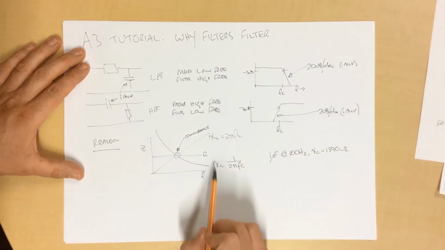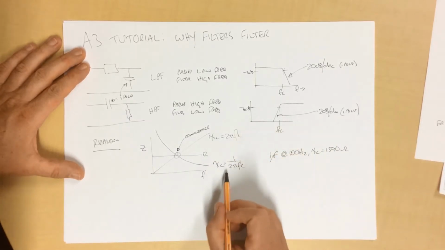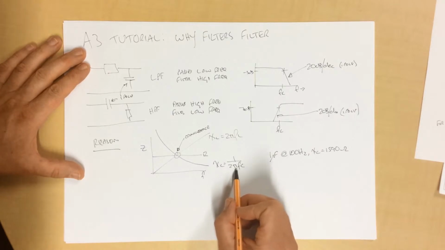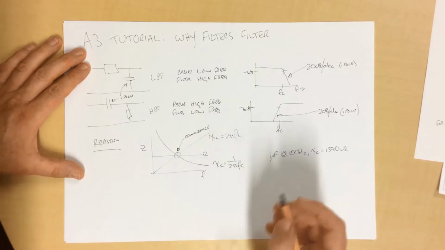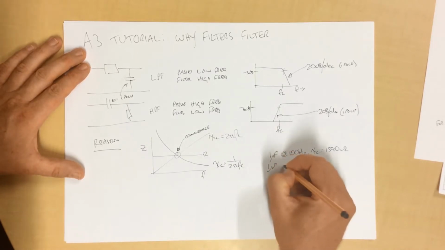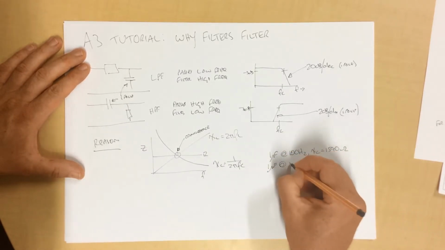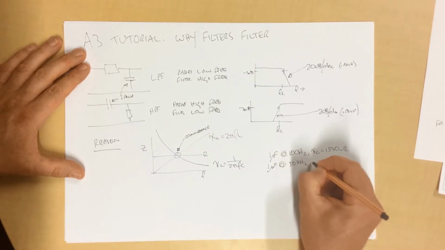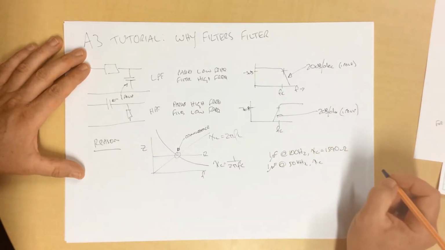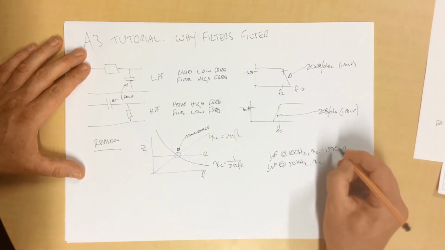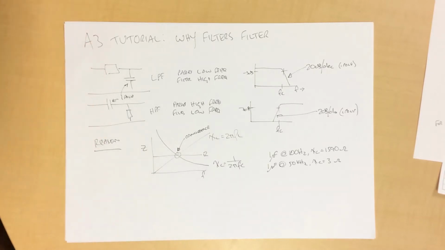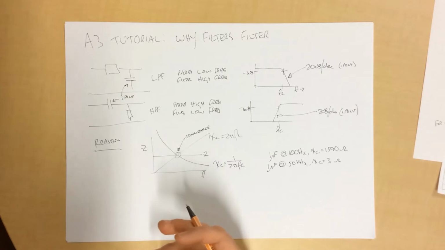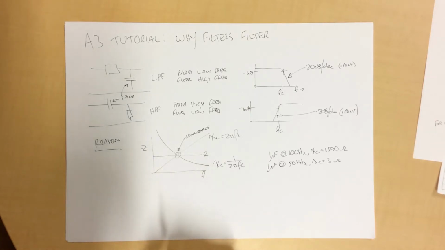Okay. 2 times pi times 100 times 1 microfarad, 1 over all of that. The answer is about 1590. That exact same capacitor at, say for example, 50 kilohertz has a completely different impedance. The impedance there is round about 3 ohms. Now, think about that for a minute. A capacitor at a different frequency has a different impedance.